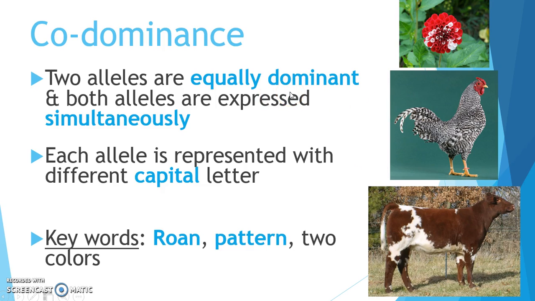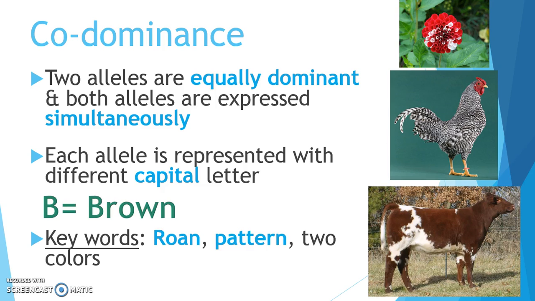So if we had a recessive allele, that trait would be masked. And since there is no masking going on here, we will not have a single lowercase letter in these problems. But we do need to differentiate between the two different alleles, and that's why we write them in two different letters.